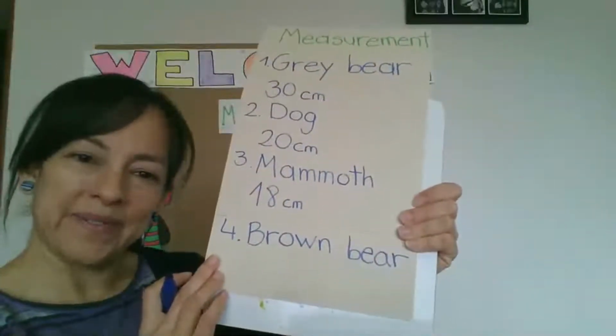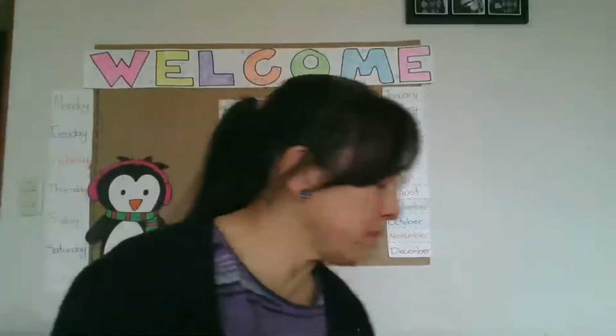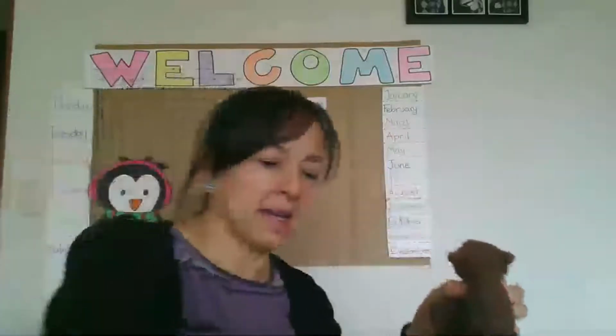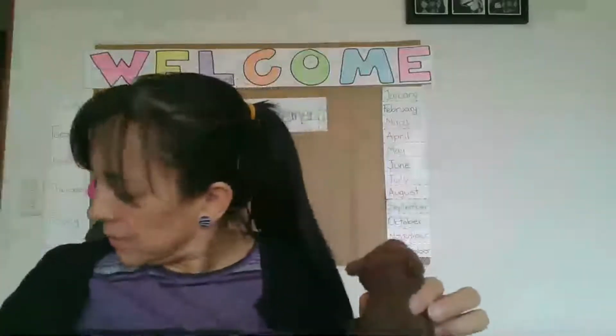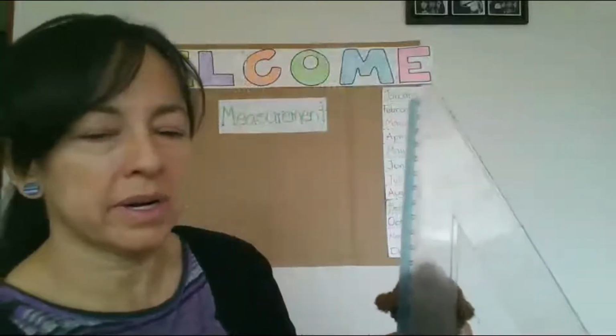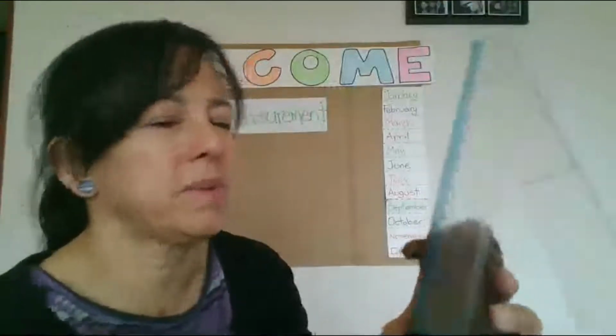Brown bear. Okay, now let's see how tall is the tiny brown bear. He's very, very small. So I think we can measure the bear by the back, right? So help me see, how tall is the brown bear? I'm going to sit the brown here. Okay, can you tell me how tall is the brown bear?